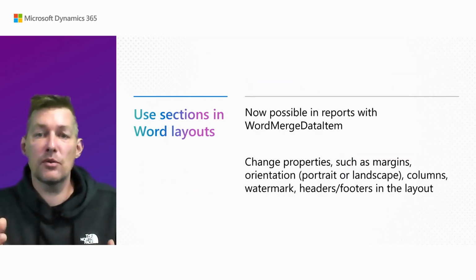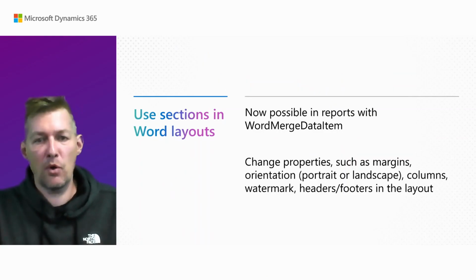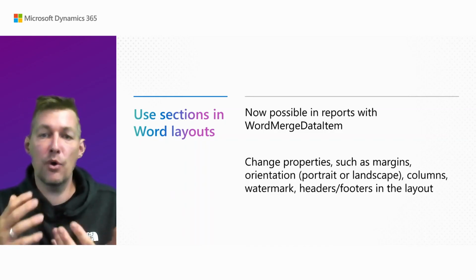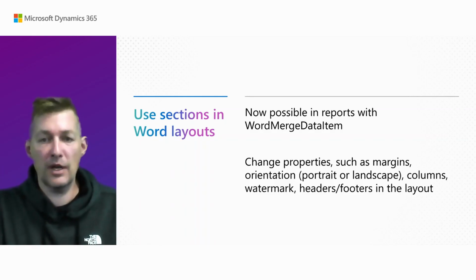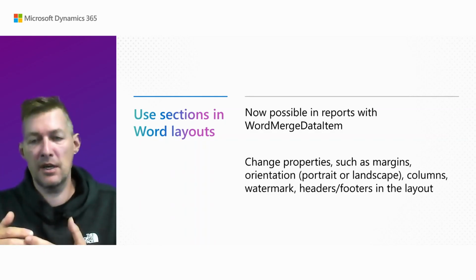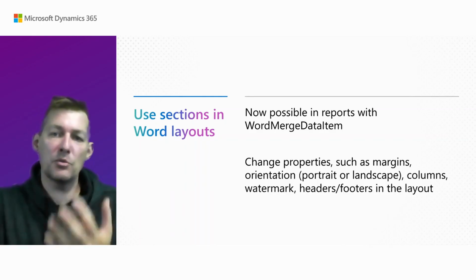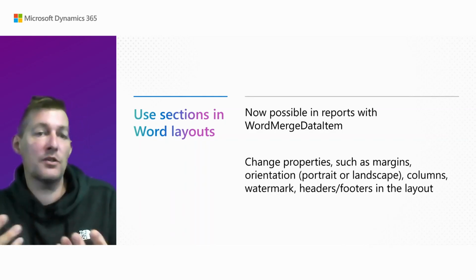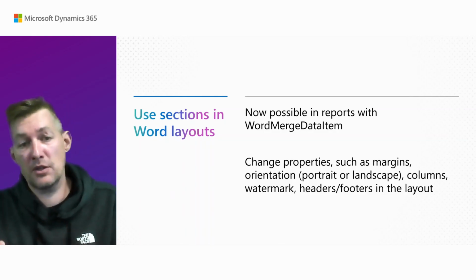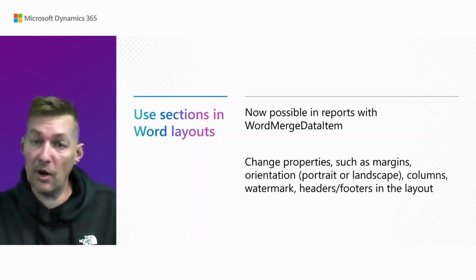In Business Central 2024 Release Wave 2, if you have reports that use the word merge data item property to iterate over some things, let's say you want to create multiple invoices and you want to iterate over those. In the past, you couldn't use Word sections in these layouts, but now you can.